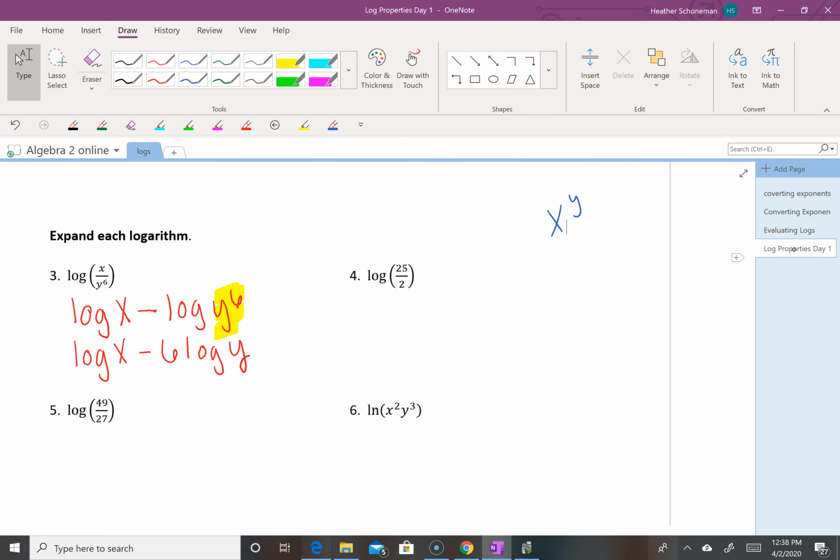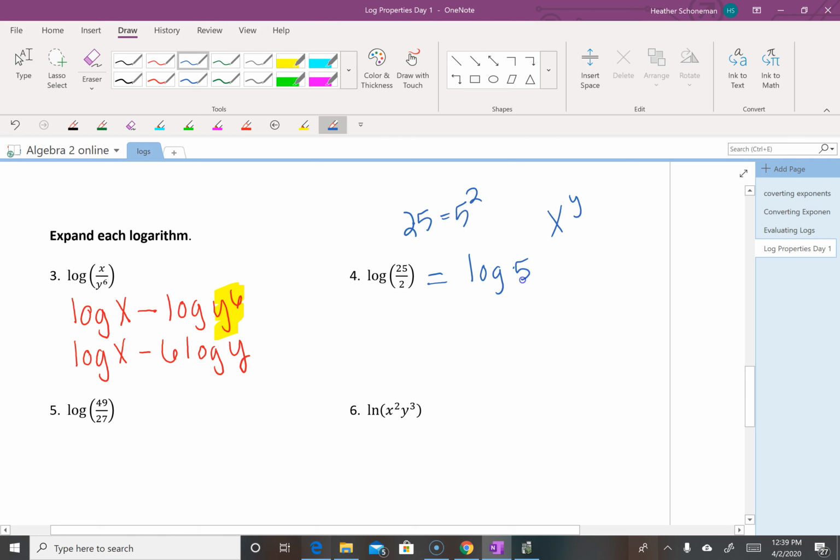Okay, so this we can rewrite as log of 25, which is really 5 squared.